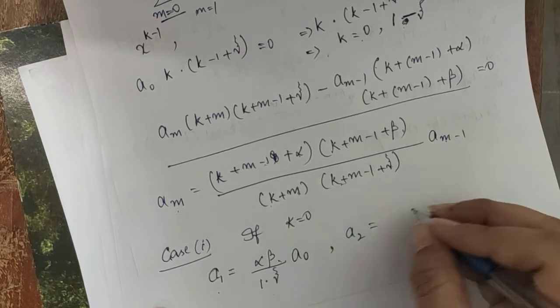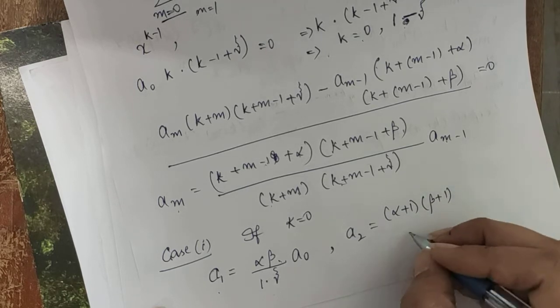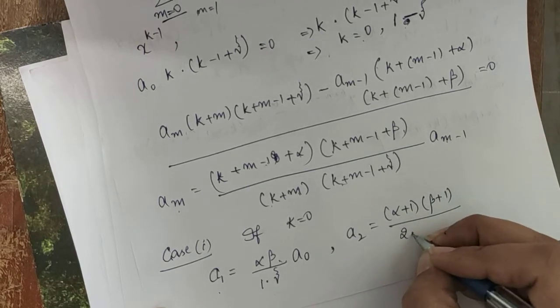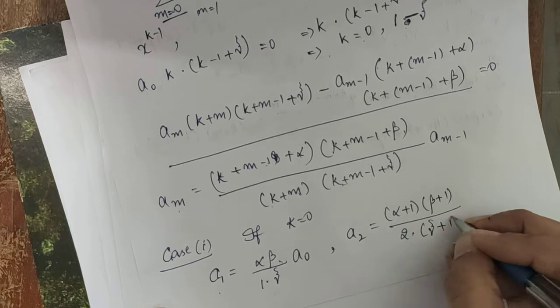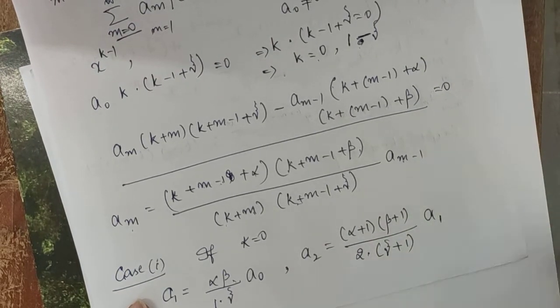Similarly, a2 you will get as alpha plus 1 beta plus 1 divided by 2 into gamma plus 1, similarly into a1.